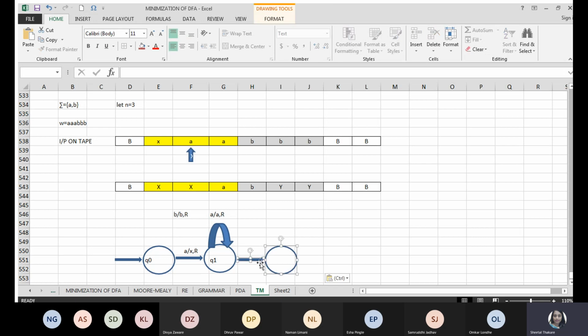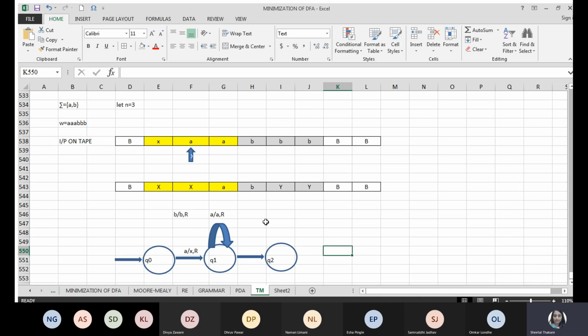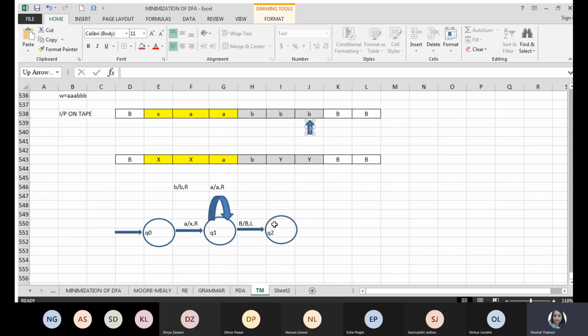As soon as you find blank, so you say that if it is B, let it be B, move to its left. Left में you encountered B, you are in Q2.